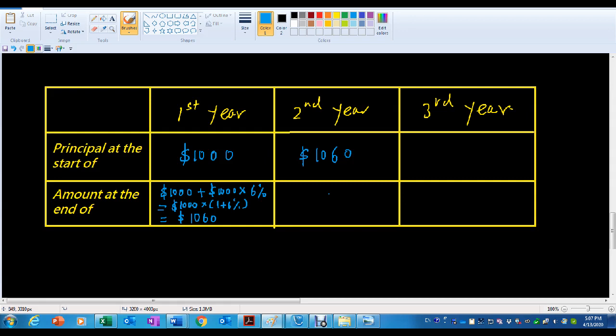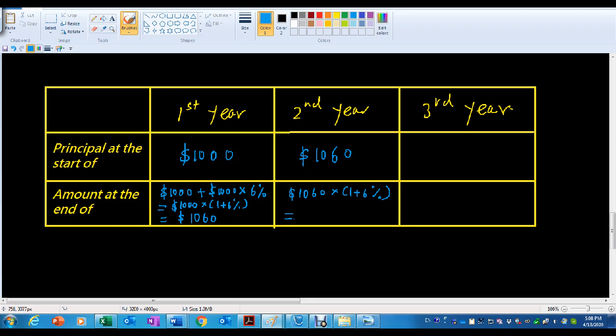That's why we say compound interest is an exponential growth, in terms of the amounts accumulating by the percentage increase each year. So for the second year you are not going to use $1,000 as your principal, you are going to use 1,060. How could you calculate the amount at the end of the second year? You use that 1,060 times 1 plus 6% again.